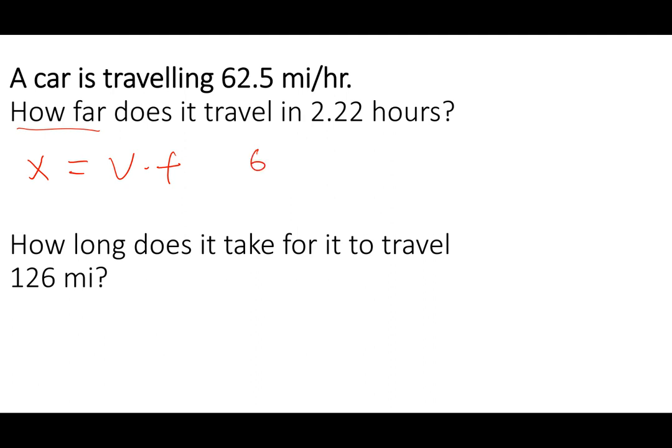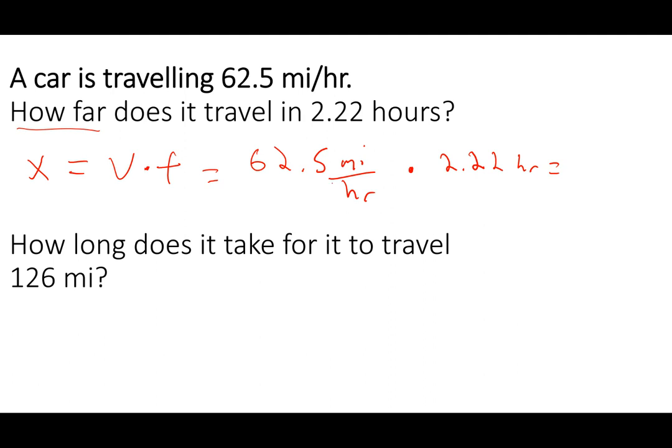My v is 62.5 miles per hour. And I'm going to multiply. By the way, when I write this dot, that's the same thing as the multiplication symbol. Some people use x, some people use a dot. I will use a dot oftentimes. I multiply by my time, which is 2.22 hours.